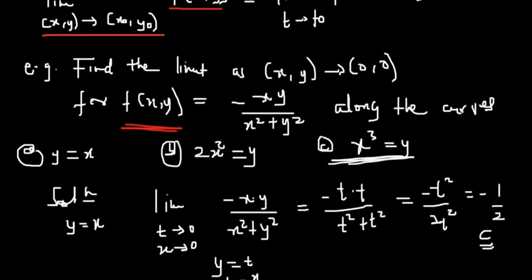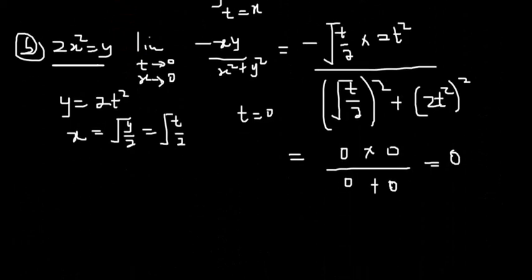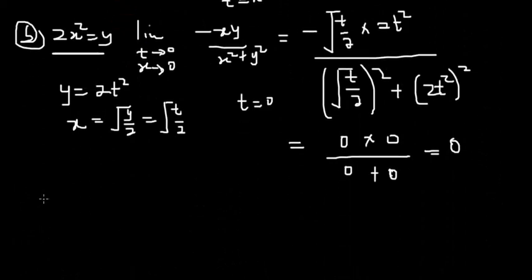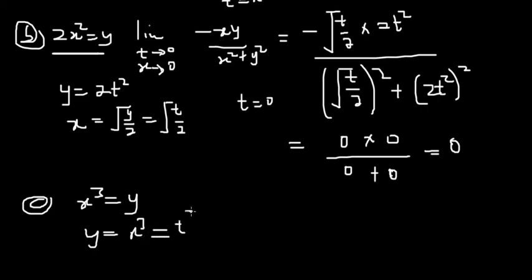So we have x cubed equals y, okay? So the same approach: first we make y the subject. You know that y is already what? x cubed. And then when we replace x with t, we end up with t cubed.